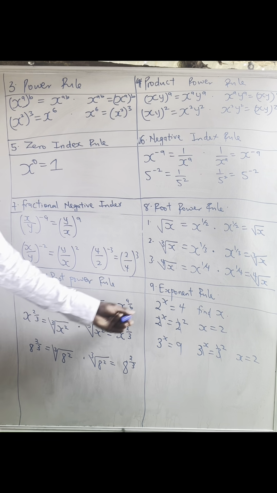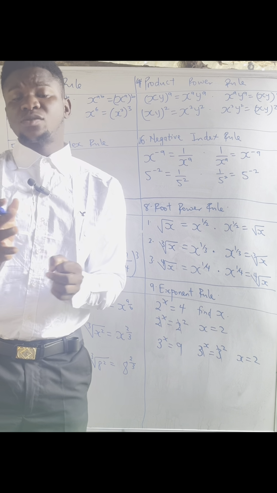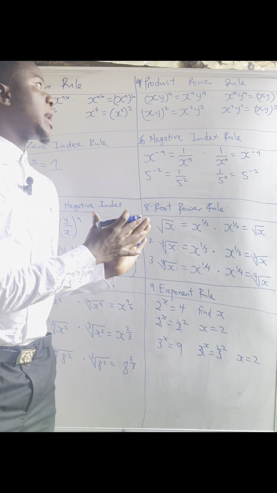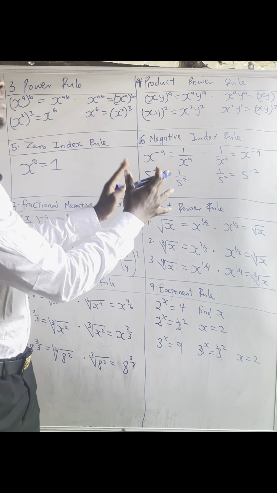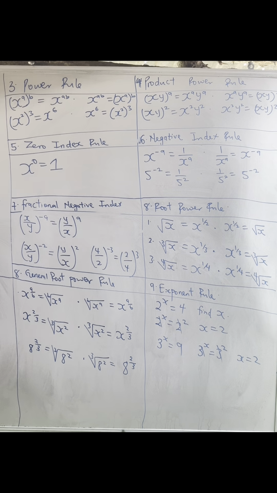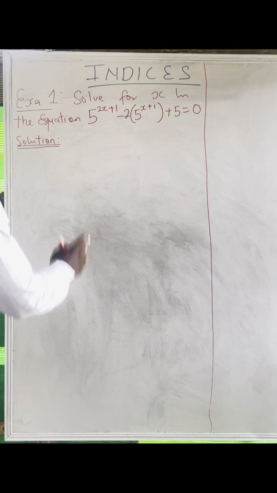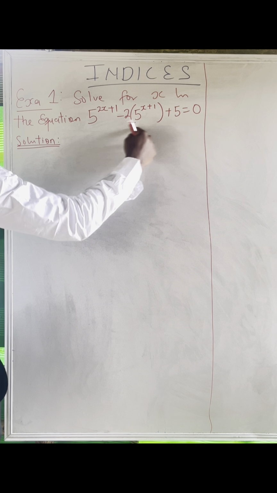So that is how to do this type of exponent questions. So guys, let's look at a few questions that is applicable to rule of indices and how we can apply these rules in solving questions. So guys, in this particular example, the question is that solve for x in this equation.